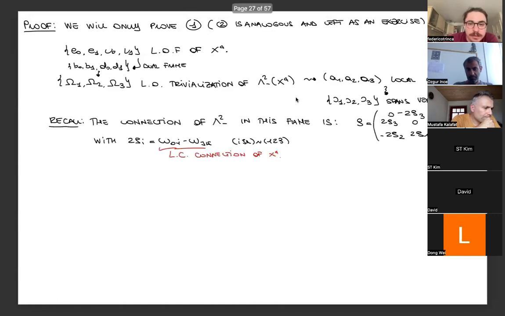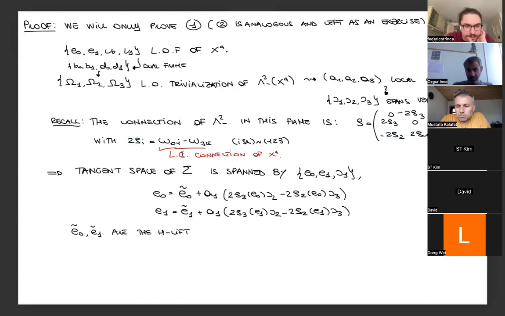Now, first of all, recall that the connection of the anti-self-dual bundle in this frame is just given by rho, where rho is characterized by the Levi-Civita connection of X4 via this formula. So this is just telling you how this rho I, the connection of the anti-self-dual bundle, relates to the connection of X4, the Levi-Civita connection of X4.